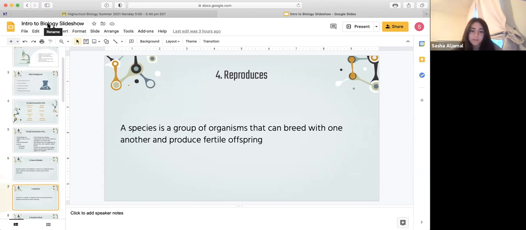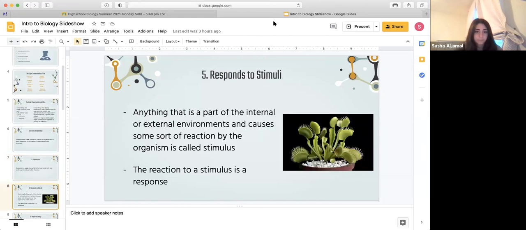A species is a group of organisms that can breed with one another and produce fertile offspring. And the fifth one, response to stimuli. Anything that is a part of the internal or external environment and causes some sort of reaction by the organism is called a stimulus. And then this reaction to a stimulus is a response.